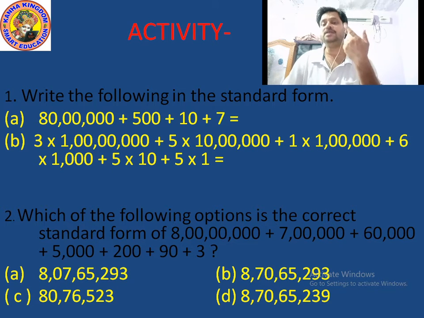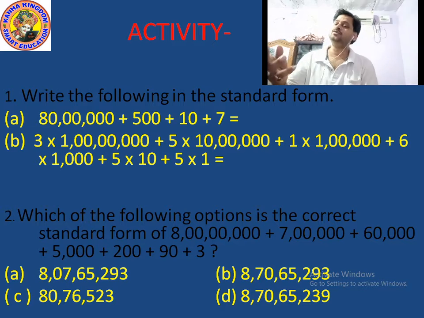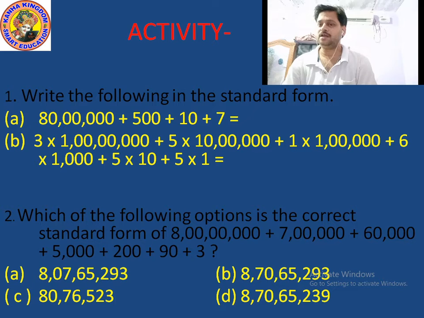And in the ones period there are 3 place values, that is ones, tens and hundreds place value, and you have 3 numbers, that is 500 plus 10 plus 7. Understand? I hope you all are clear on this question and you all know the correct answer. Now I will not tell the answer because this is the activity time and you have to do it your own way. Okay, now the second part.